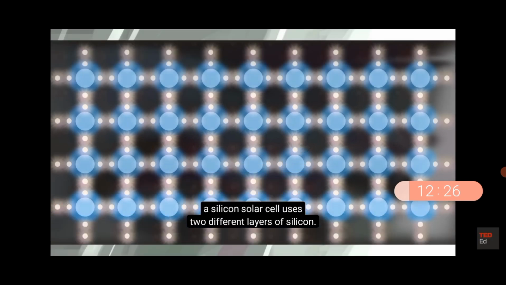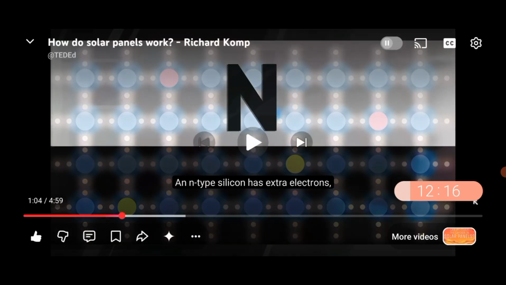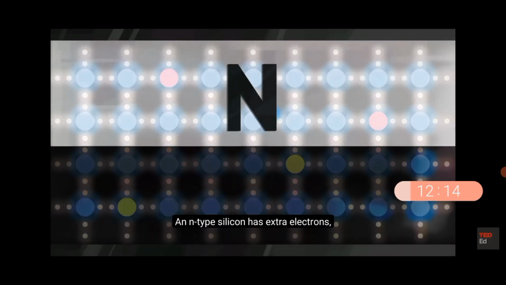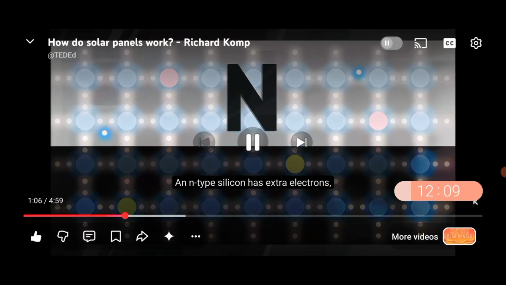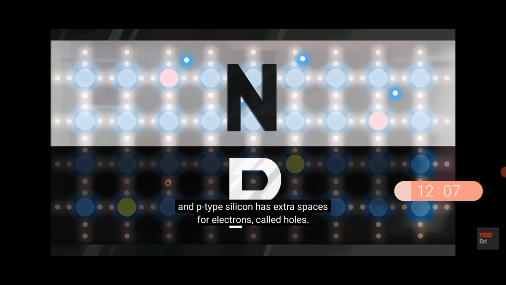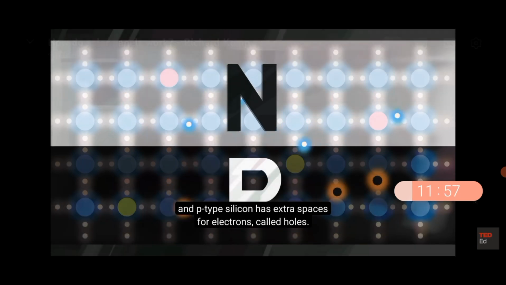A silicon solar cell uses 2 different layers of silicon. N-type silicon has extra electrons, and P-type silicon has extra spaces for electrons called holes.